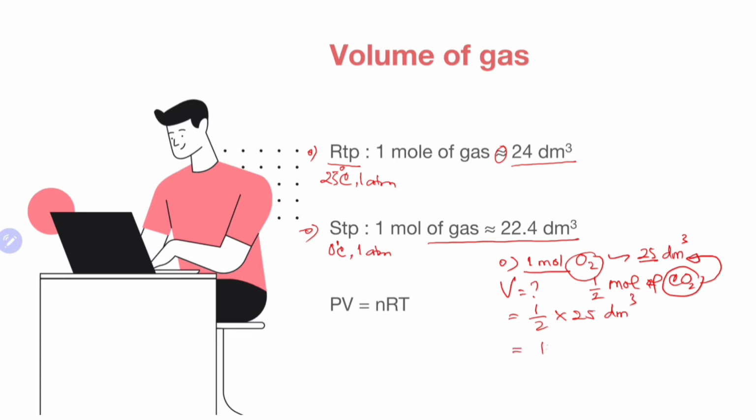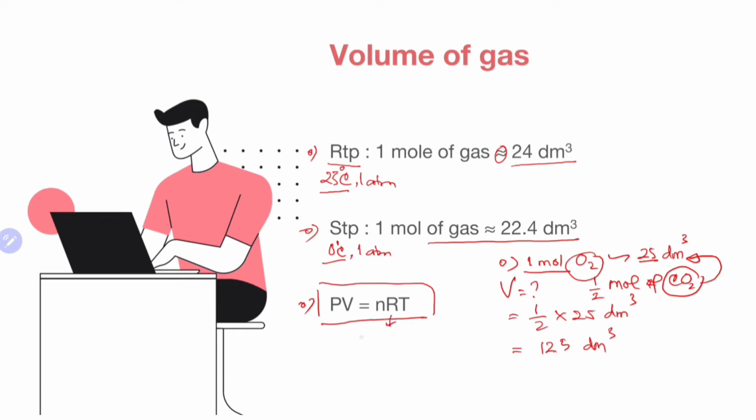Then we have 12.5 dm³ of CO2. Or another condition, when we know the pressure and temperature, but not at RTP or STP, then we calculate the volume of gas using the ideal gas law, PV equals nRT.